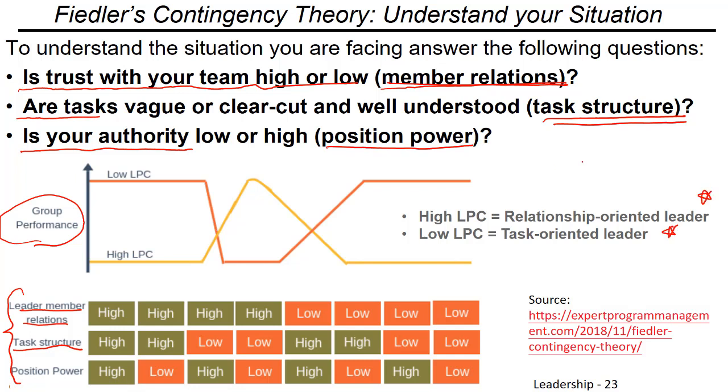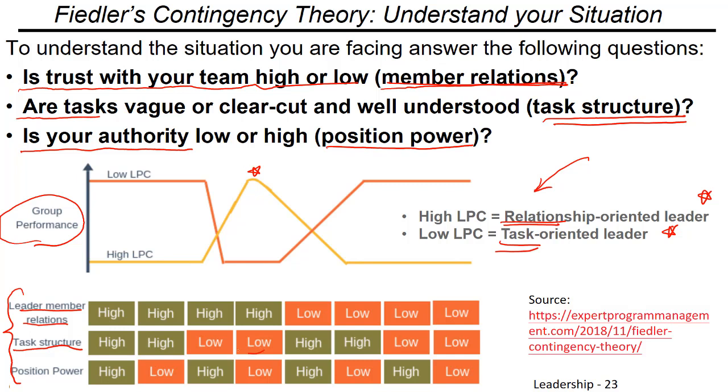He also pointed out two leadership styles. One is a more relationship-oriented leader. The other is a more task-oriented leader. For example, let's take this kind of extreme example.